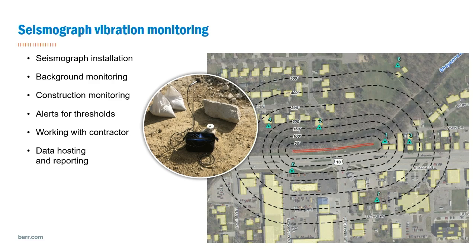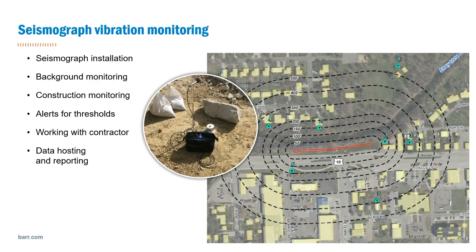When we installed these seismographs, one of the most important things you have to do is collect background data. We want to make sure that we've got good background data on what kind of vibrations they're seeing across the site already. That could be from traffic, or from any other adjacent construction. Once we get that, we move into the construction phase where we're doing construction monitoring, and we've set alert thresholds for the seismographs.